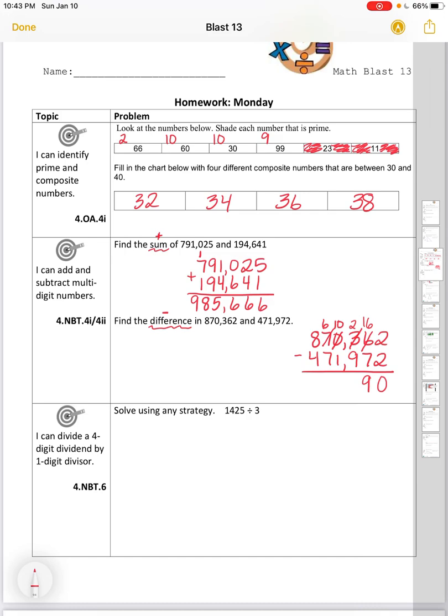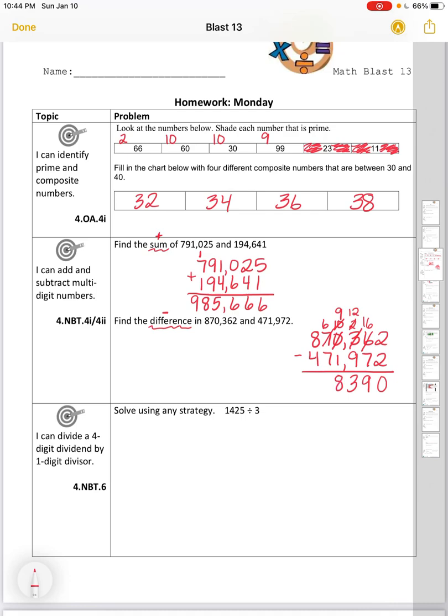So I now have enough thousands. I can make one of those become 10 hundreds with the 2 that's already there, and that's why I have 12 hundreds. Minus 9 hundreds is 3 hundreds. 9 of my thousands minus 1,000 there is 8 thousands.